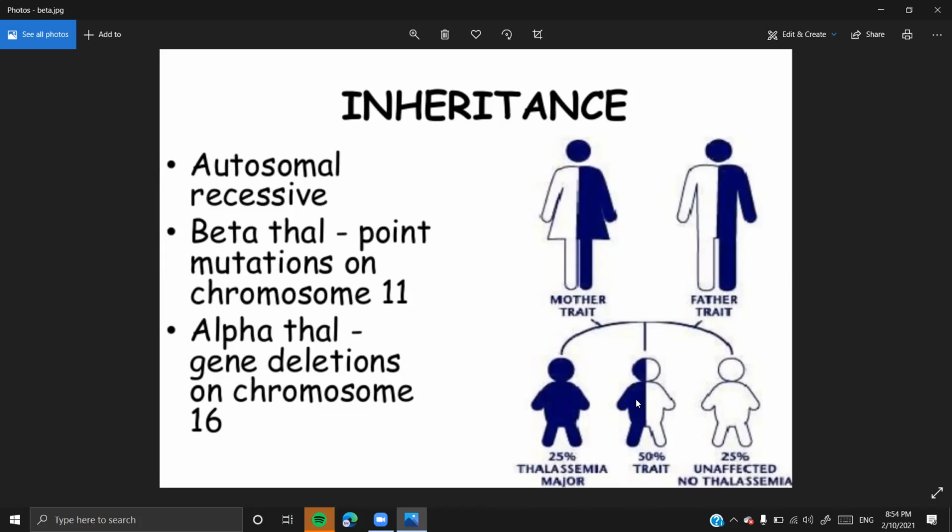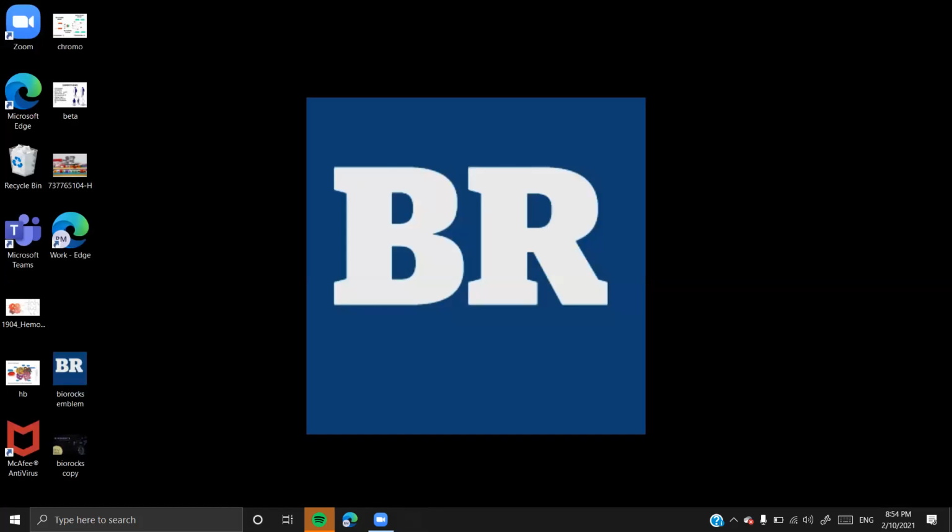If one chromosome is healthy from one parent and the other has a defective gene, then we have a 50% rate, and they are also regarded as carriers. But if both are healthy genes from the parents, then the child is going to be unaffected, a normal child. So 25% are diseased, 25% are normal, and 50% are going to be carriers in this autosomal recessive disorder. Okay, children, I hope I made this point very clear for you all.